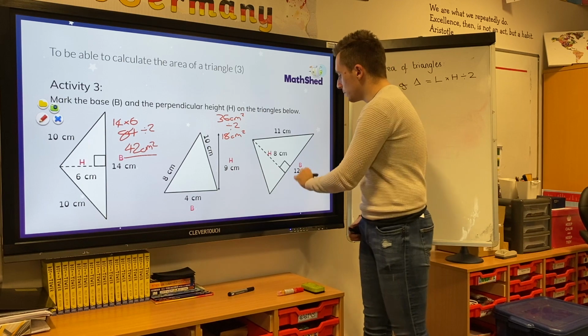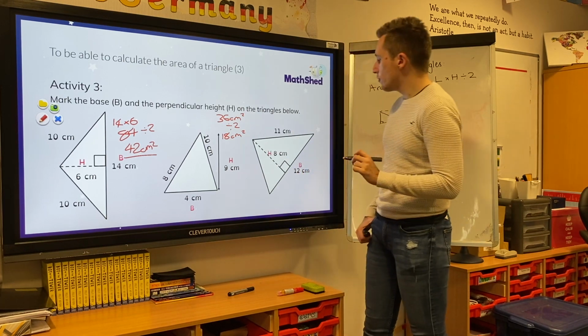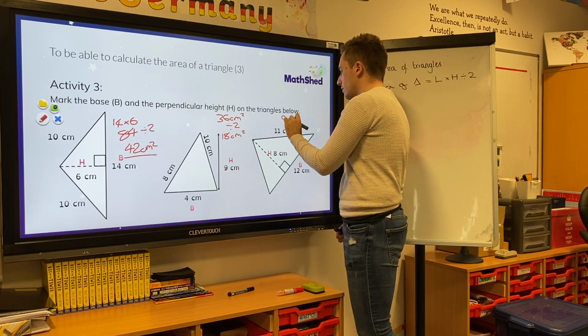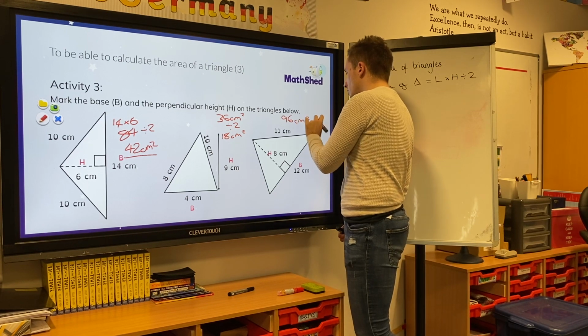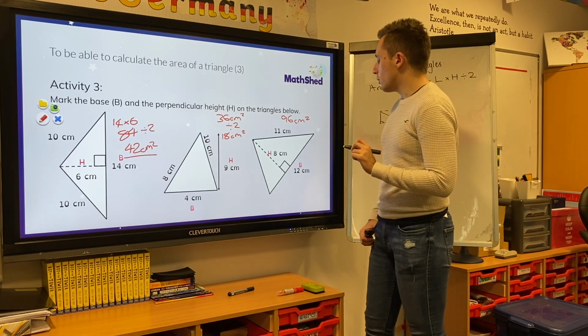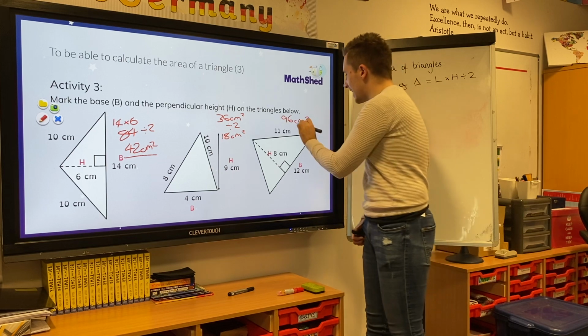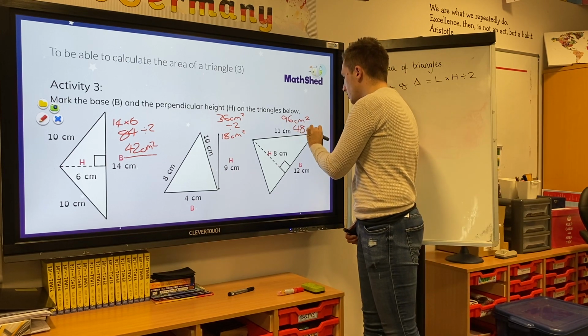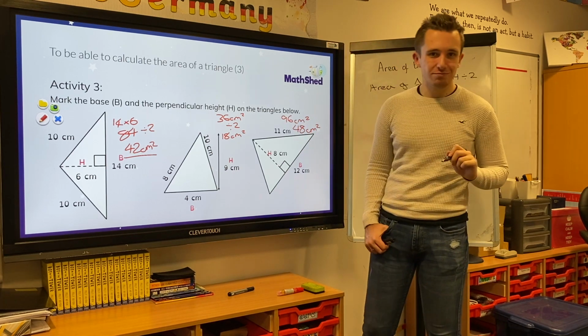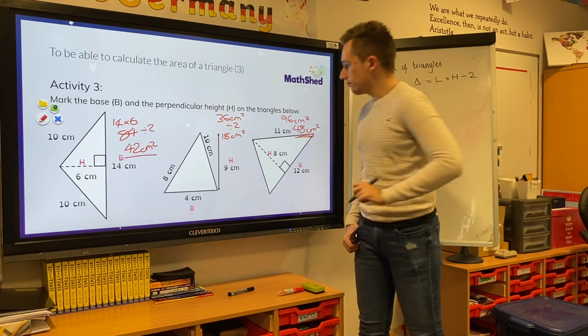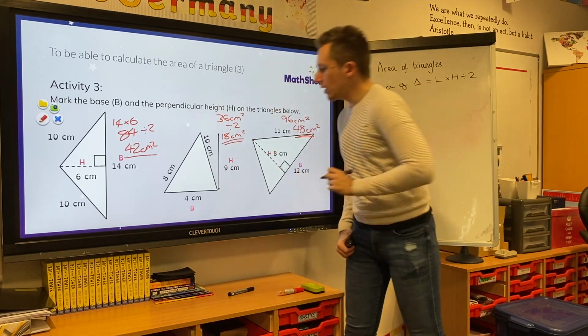And the third one would be 12 times 8. Well, 12 times 8 is 96 centimetres squared. Half of that would be 48 centimetres squared. There we go.